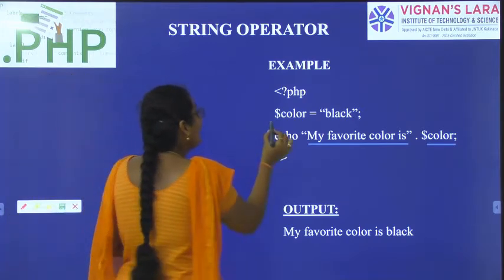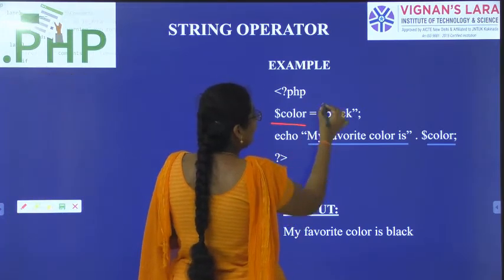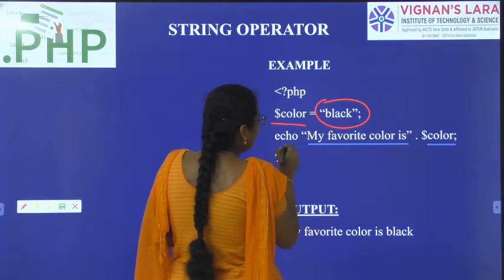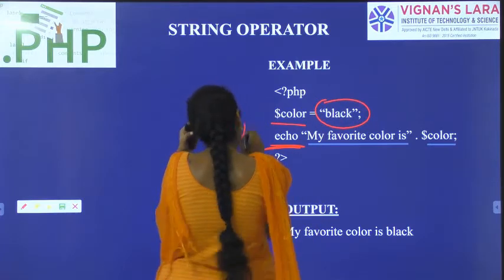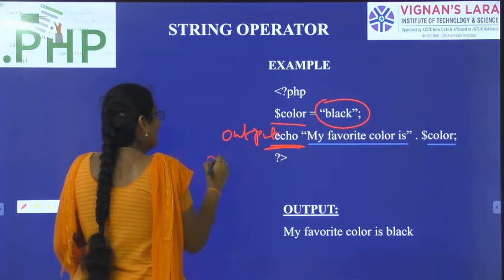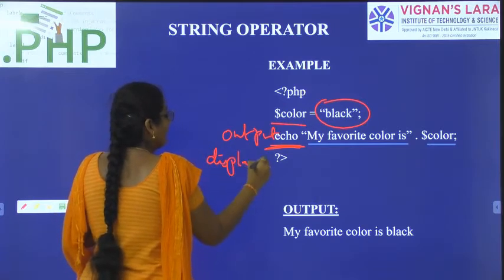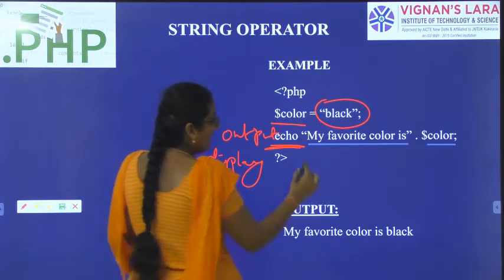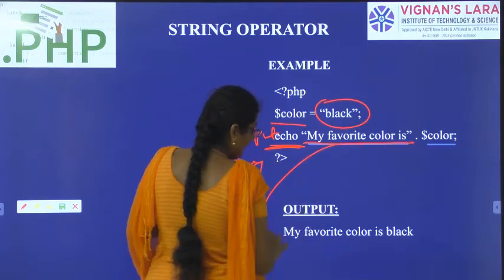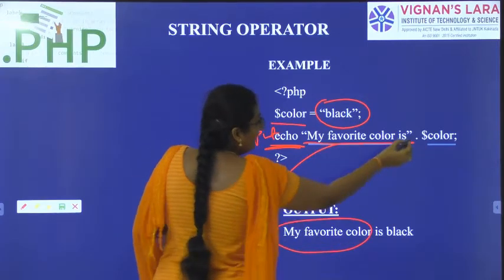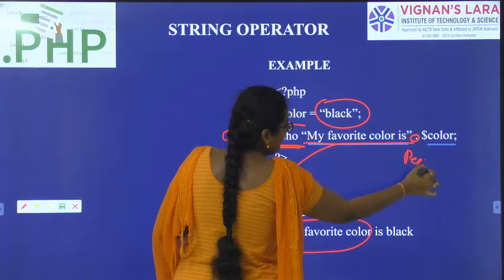I have created a variable color. For that I have given the value black. Echo means output display. So what I wanted to display, my favorite color is, that came into output. Period symbol.